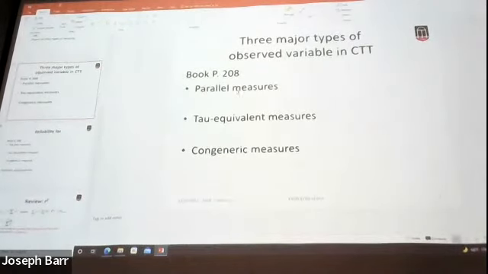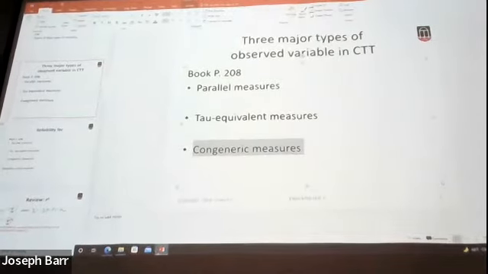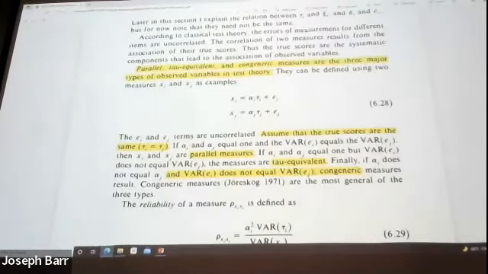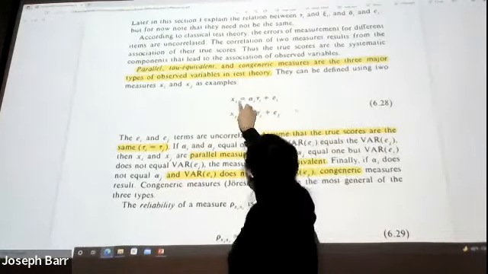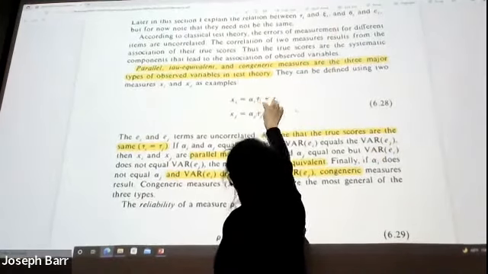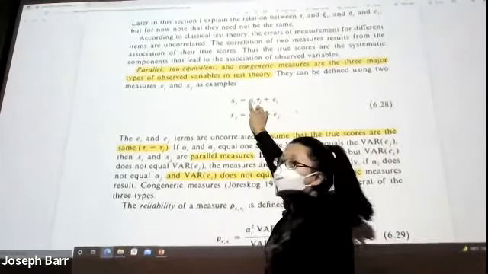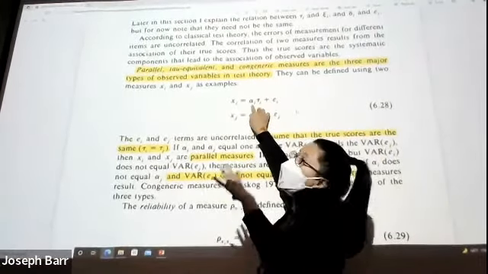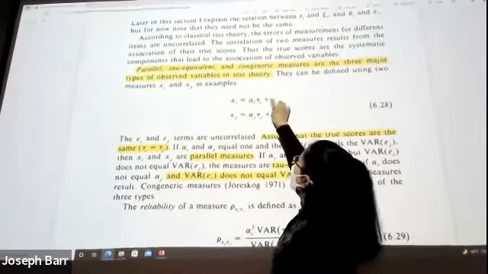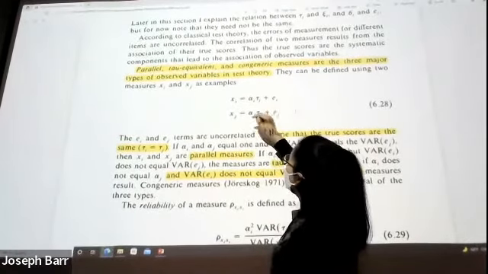So we have 3 types of observed variables, called parallel measures, tau equivalent measures, and generic measures. What are these concepts? Here we have the detailed definition. Suppose this is observed Y, this is a true score, and assume we have some loading or coefficient or weight here, and we have the measurement part here.